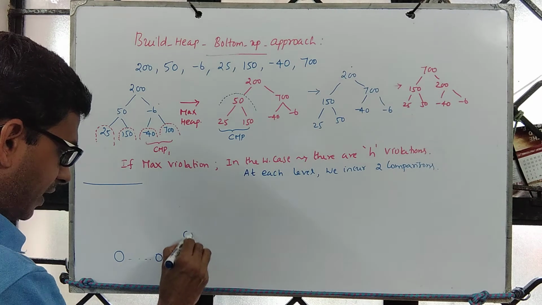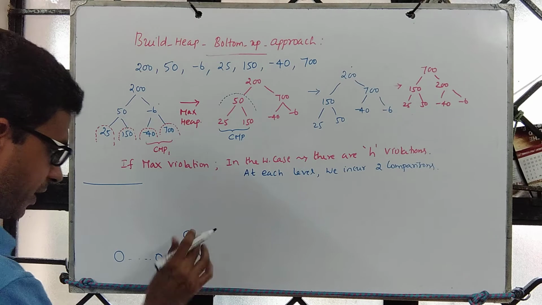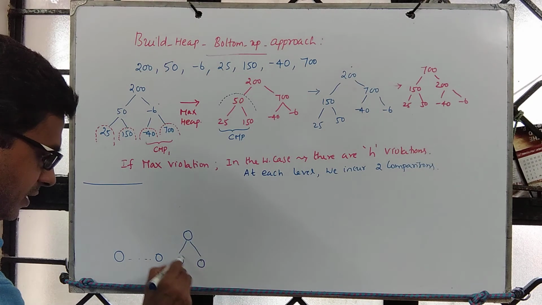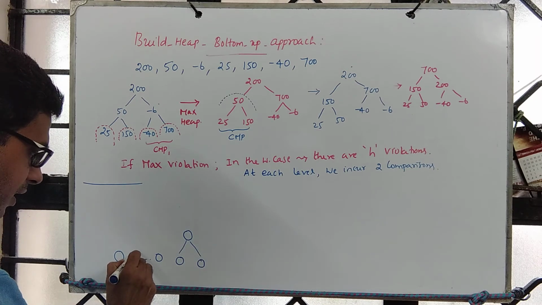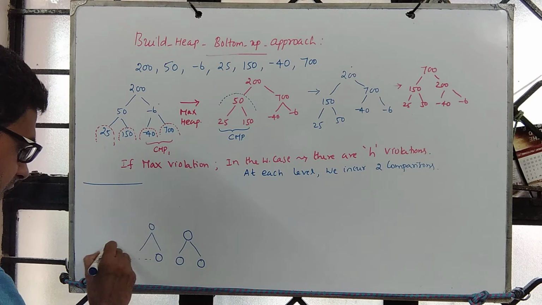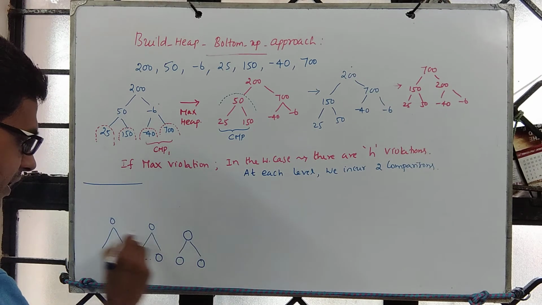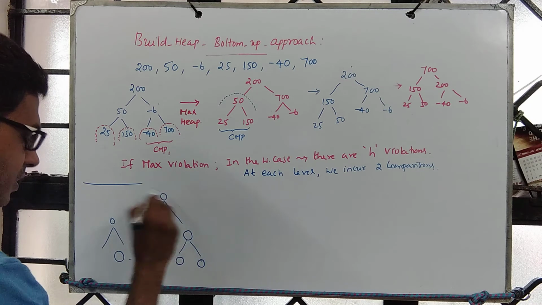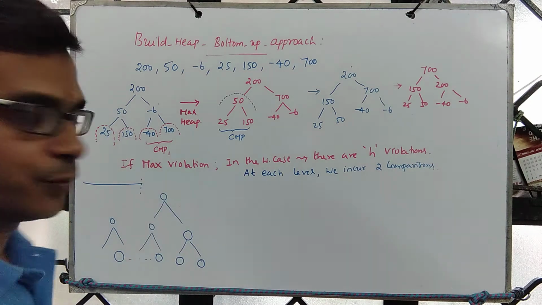We are going one level up and then checking is there a violation with respect to this subtree, given that this is a max heap and this is a max heap. Then we get into the next subtree, then the next subtree. Once we are done with that, then we get into the next subtree, one level up. Like that we go all the way up to the root.